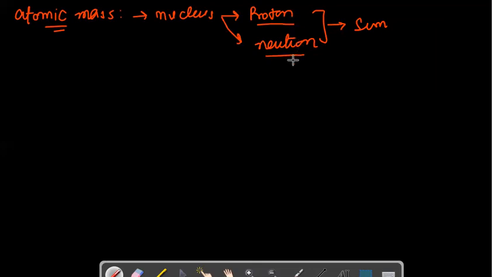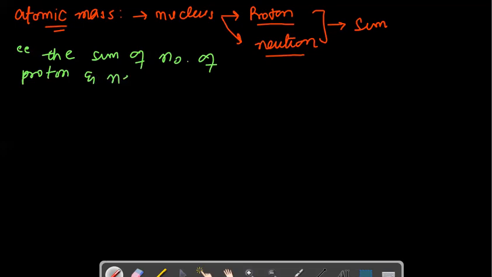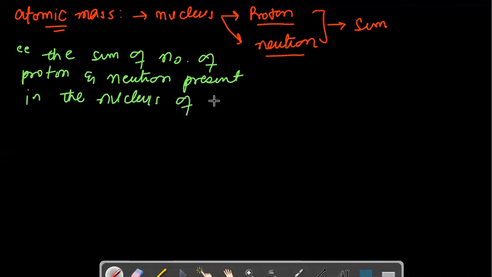Sometimes the number of protons is equal to the number of neutrons present in the nucleus, and sometimes this isn't the case. Okay, so if we define the atomic mass, you will say that atomic mass is the sum of the number of protons and neutrons present in the nucleus of an atom.